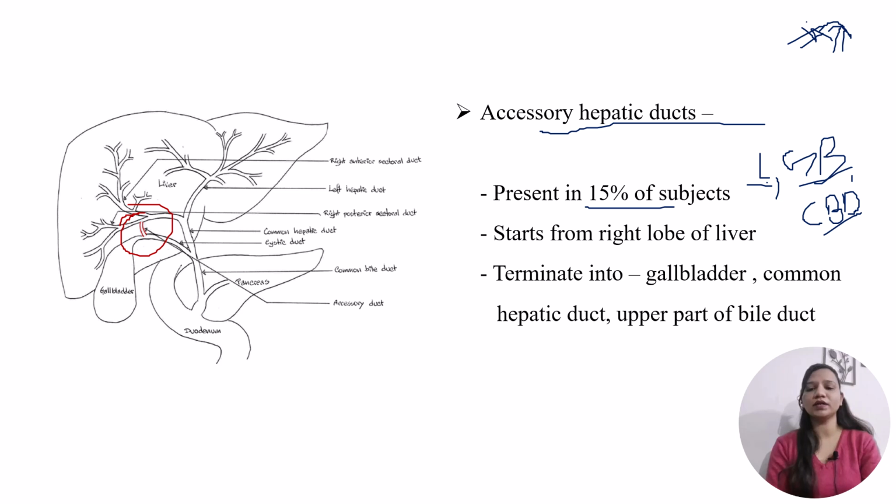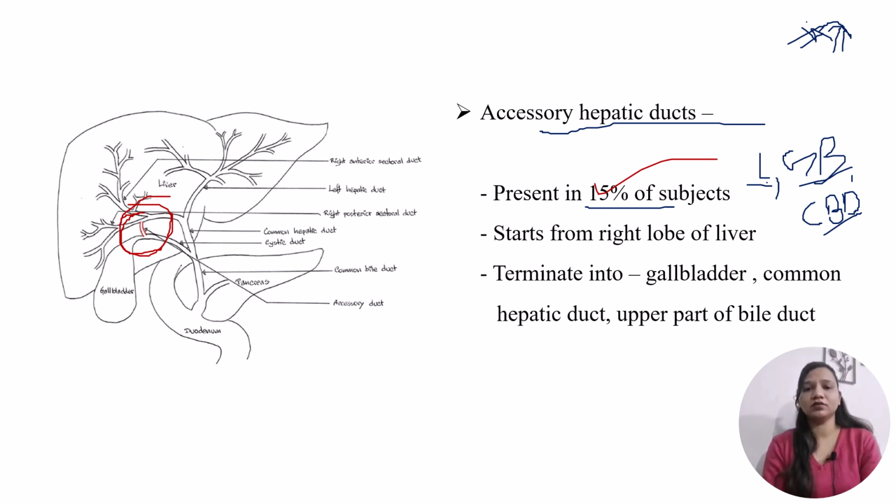Although it is present only in 15% of subjects, it is still a normal condition, but the main complication comes during surgery, because during cholecystectomy, that means the removal of the gallbladder, failure to identify these accessory ducts, or mistaking them for the cystic duct, will lead to accidental injury or ligation.